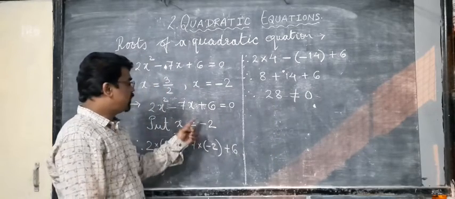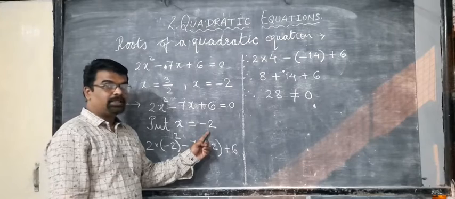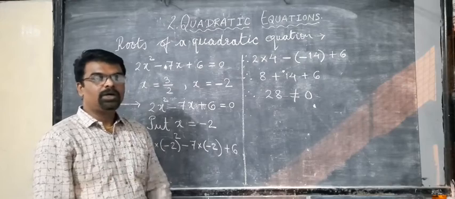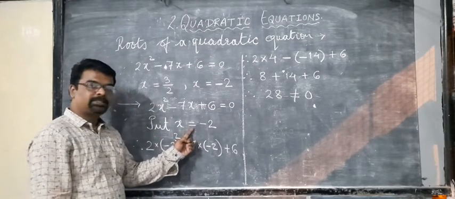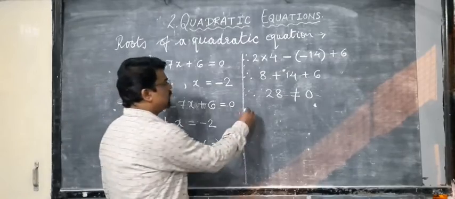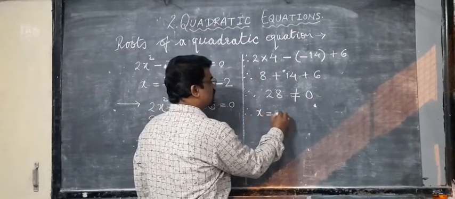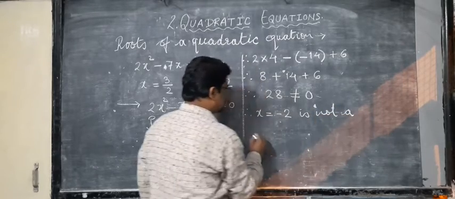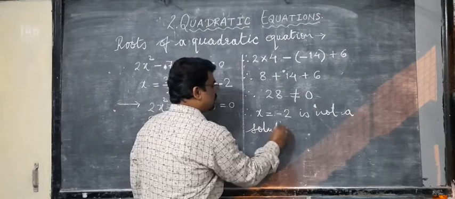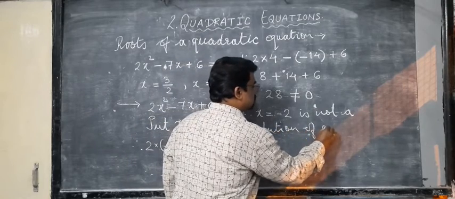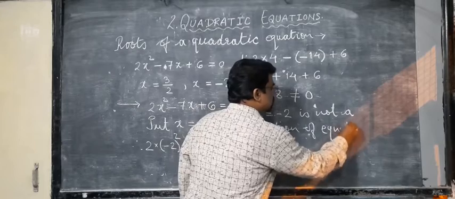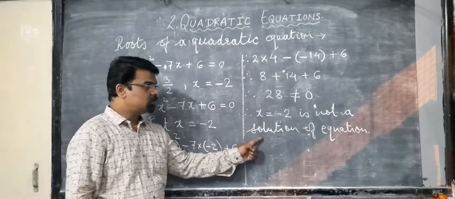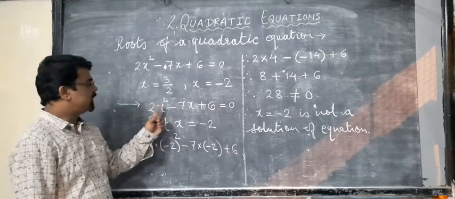Means after putting the value of x as minus 2, the equation is not getting satisfied. Therefore, we can say that x is equal to minus 2 is not a solution of this given quadratic equation.